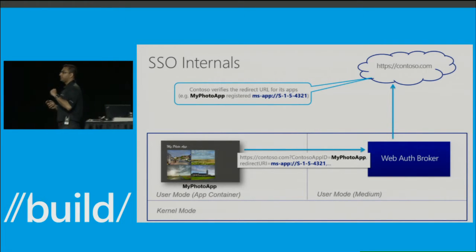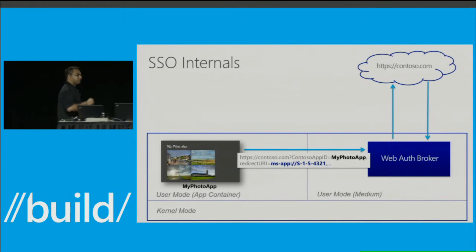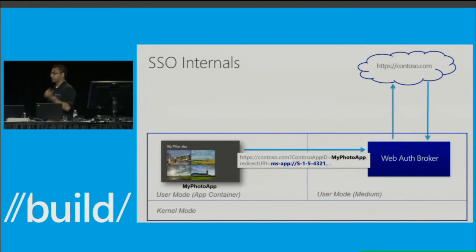It checks for all the registered redirect URLs that your app specified when it registered with Contoso. This is done to make sure that the final token that Contoso is going to give you back goes to the intended target. So Contoso.com finally says, yeah, you're good, you've authenticated, you've authorized, here's the token.